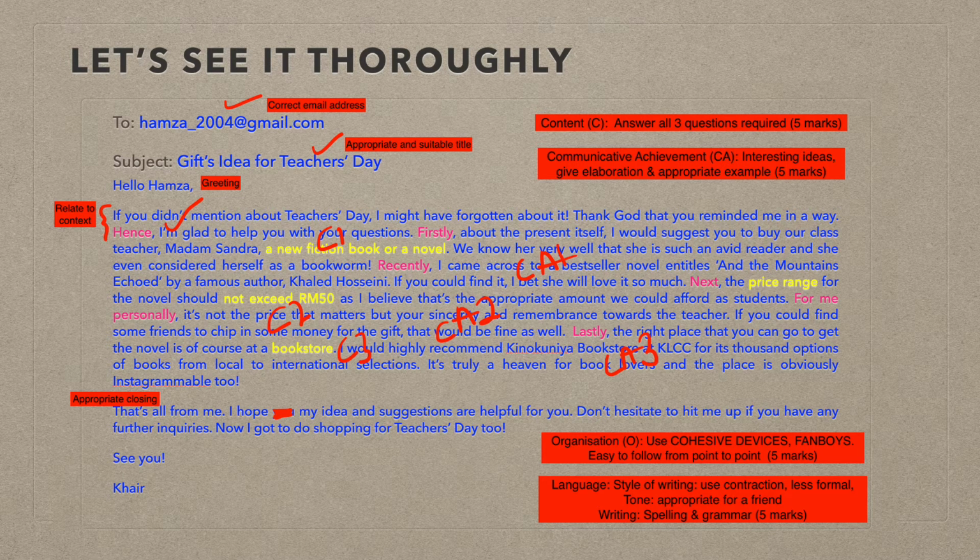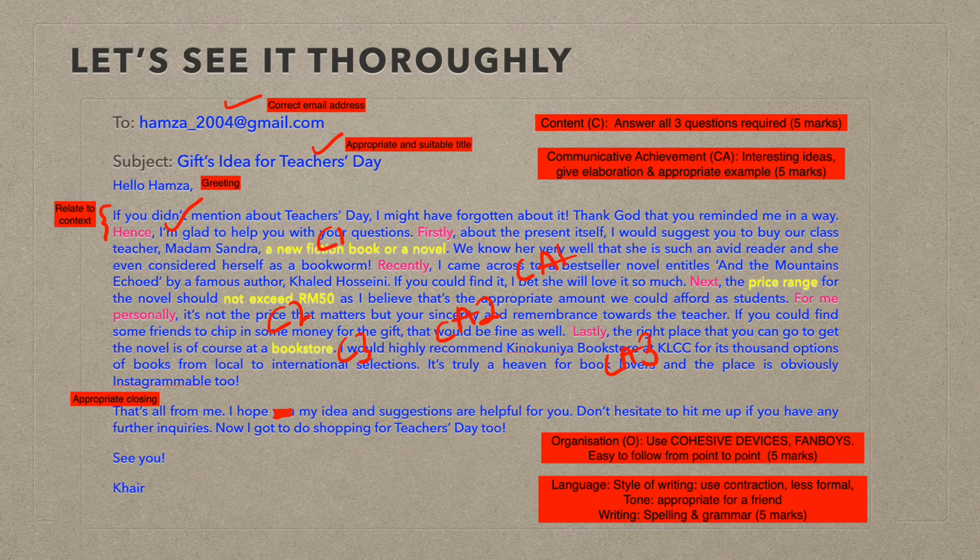So C for content for requirement one, and then CA communicative achievement, which is like the style of writing, and also maybe the elaboration, the example that you provided in your writing. So also available for the first content. So I put CA1, because you give example like the book titles.